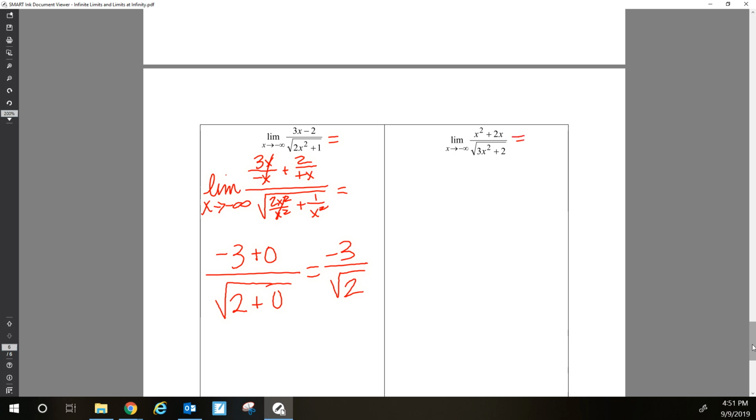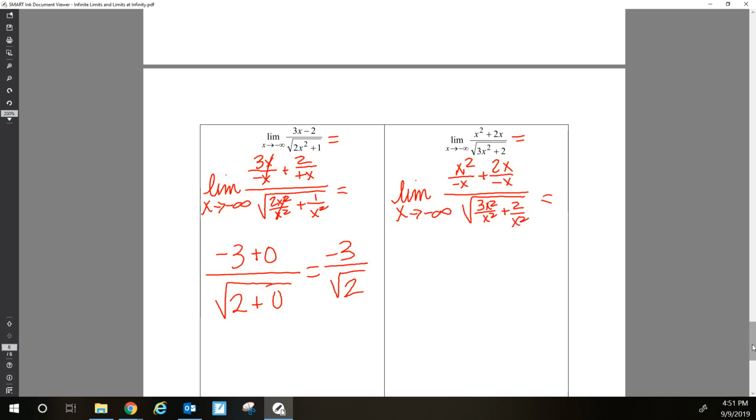All right, same thing up here for this guy. Again, we're looking at the more interesting case when x goes to negative infinity. As x goes to negative infinity, this guy is going to be x squared over negative x plus 2x over negative x, all over the square root of 3x squared over x squared plus 2 over x squared.